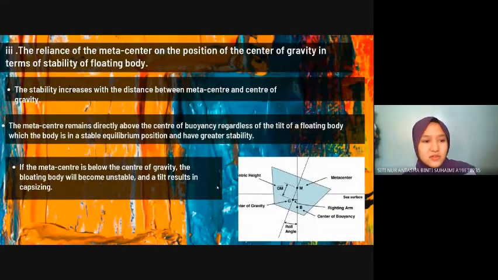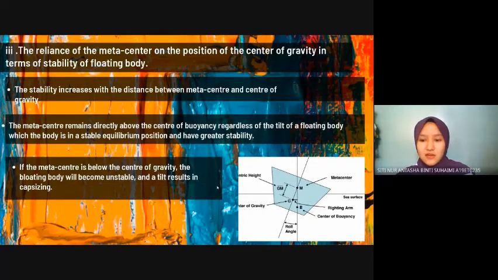Next, the reliance of the metacenter on the position of the center of gravity in terms of stability of a floating body. The stability increases with the distance between the metacenter and the center of gravity. A restoring couple is created by the buoyancy force and the weight of the body that helps to turn the body back to its original position when the metacenter is above the center of gravity.